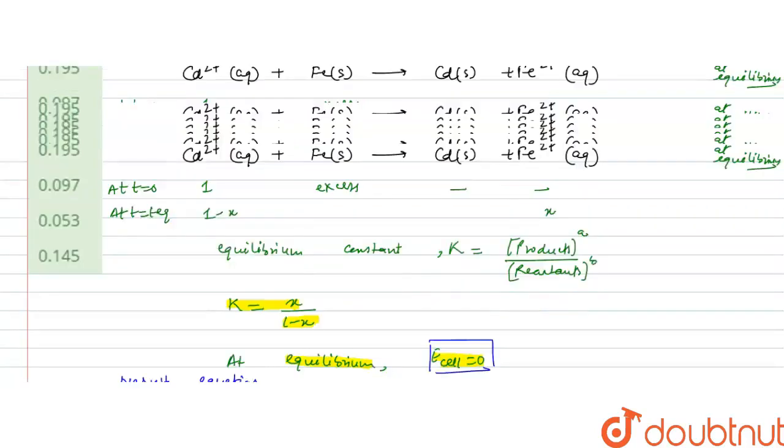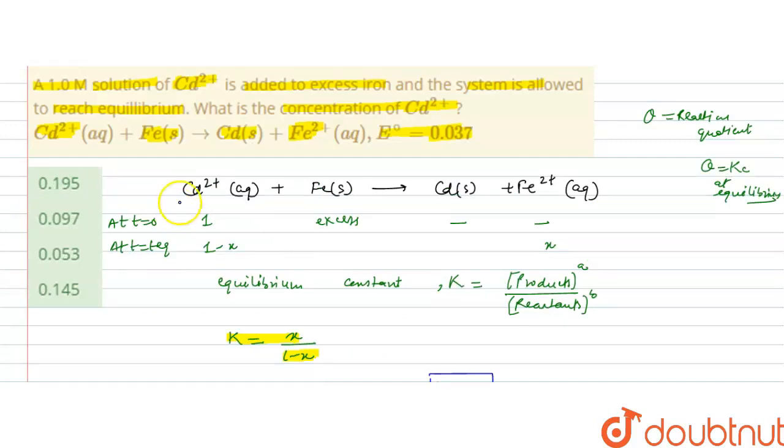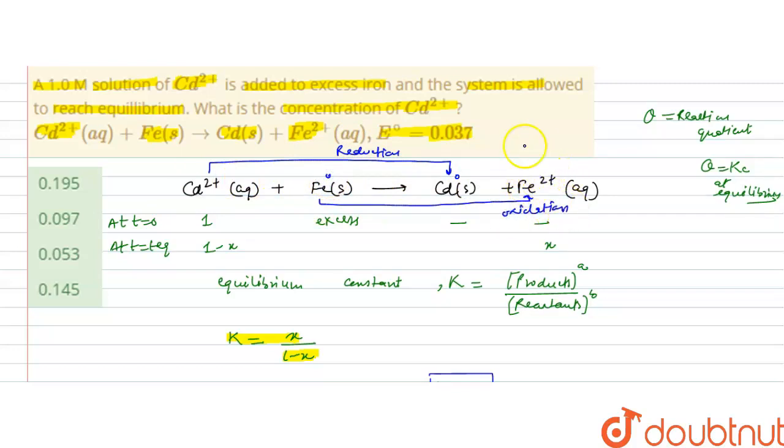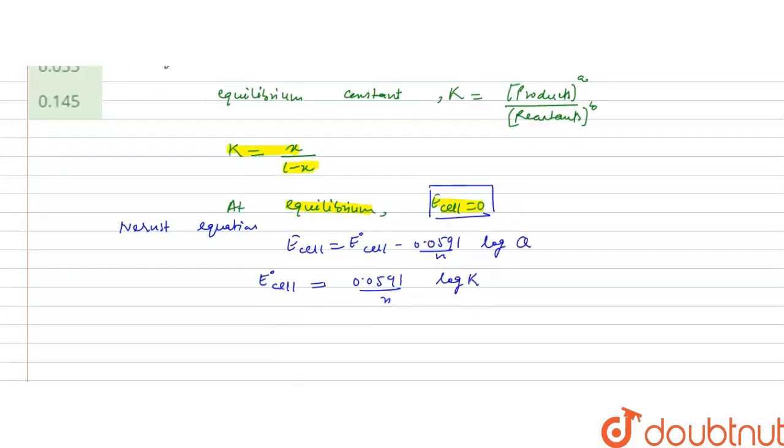Now n is the number of electrons involved. Cadmium goes from the 2 oxidation state to 0, so it is reduced, involving 2 electrons. Also iron goes from 0 oxidation state to iron 2 plus, so it is oxidized, again involving 2 electrons. So the number of electrons involved in this redox reaction is 2, and n is 2.